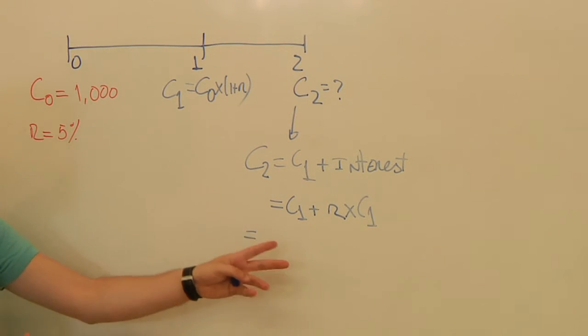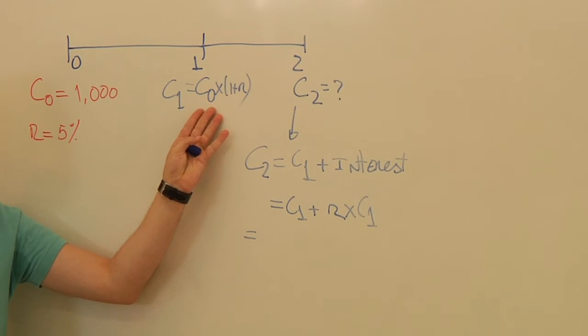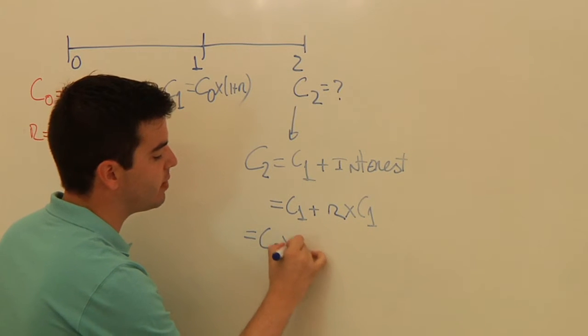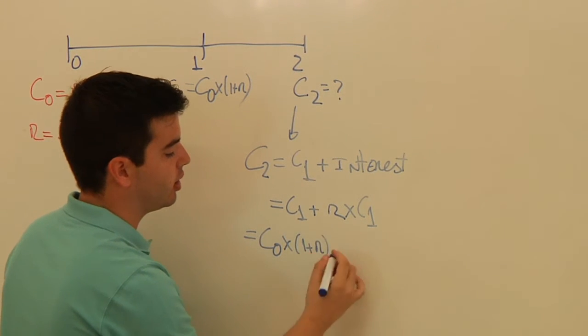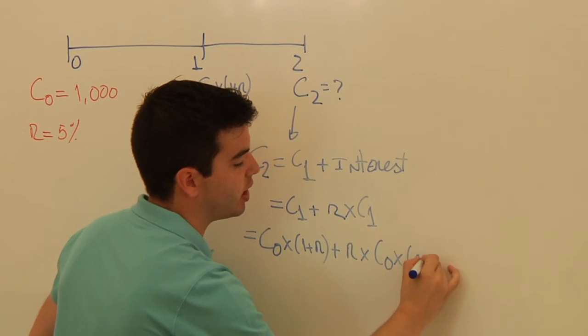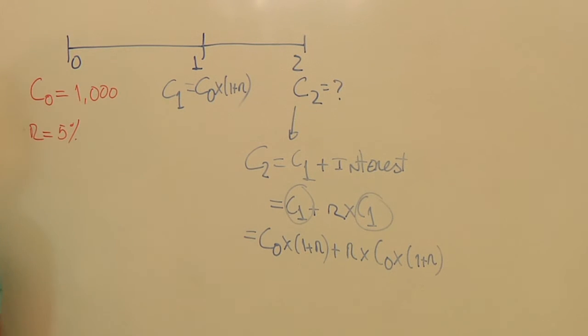So let's substitute C1 by the formula based on our actual initial capital, the amount we have today. This will be C0 times 1 plus R, plus R times C0 times 1 plus R. I'm just substituting C1 by the formula that depends on C0.